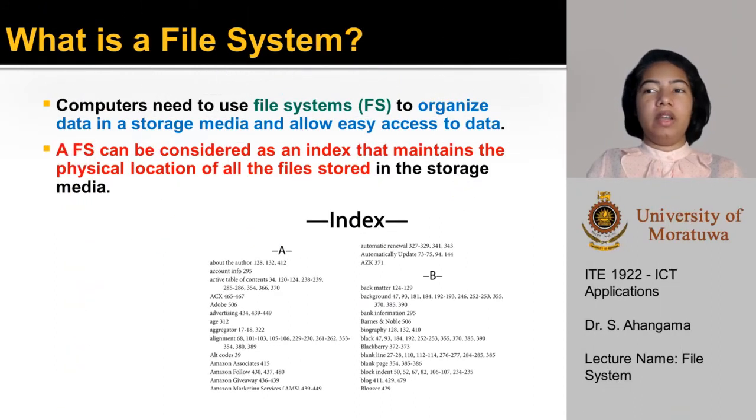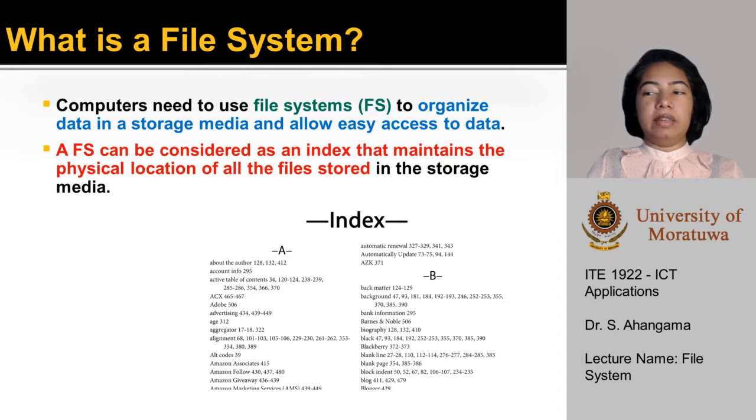Let's move on to file systems. What is a file system? File systems are used by computers to organize data on storage media and provide easy access to data stored in those media. An index of a book can be found here in this figure.